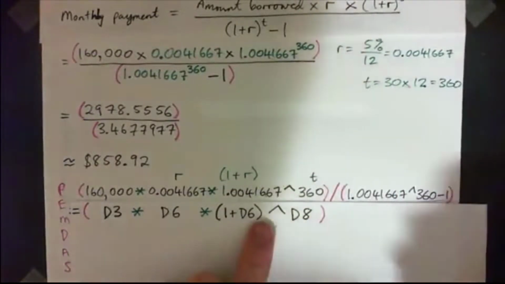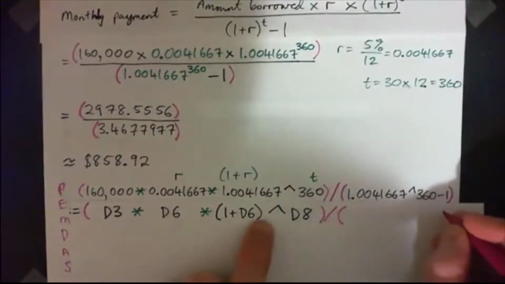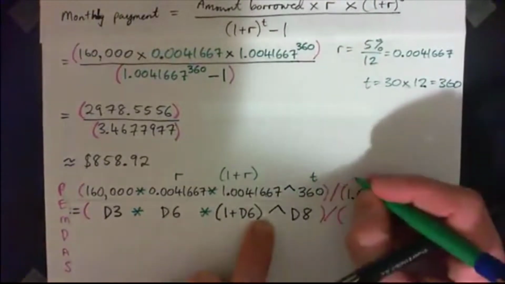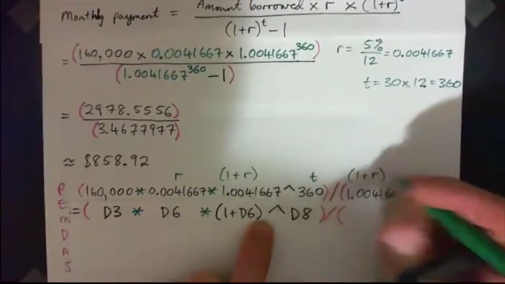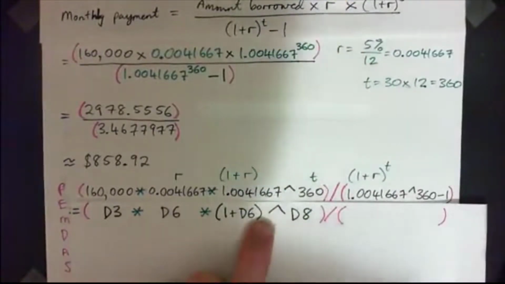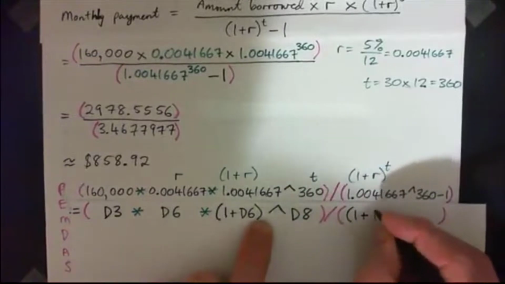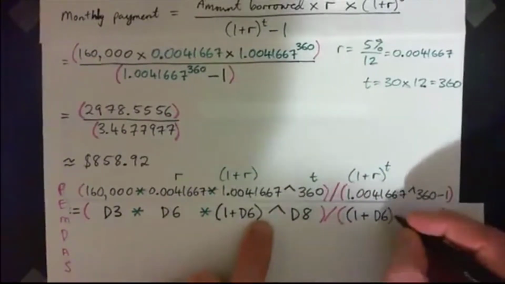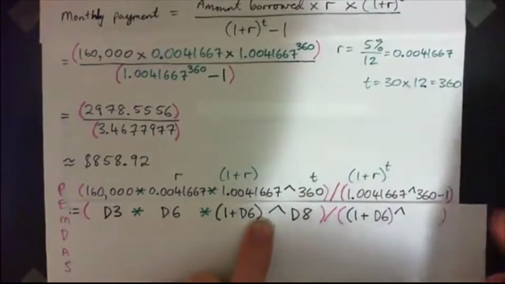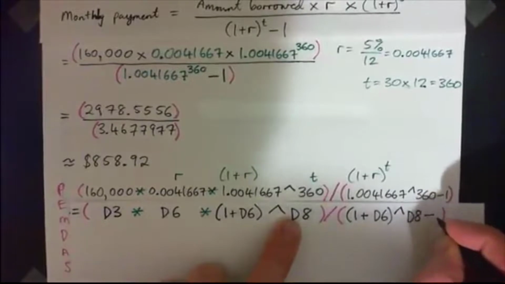Okay, and then we're going to divide. We're going to put the parentheses around the bottom of the fraction. And again, this is 1 plus R to the power of T, right? So we've got 1 plus D6 in parentheses to the power of D8, then minus 1.